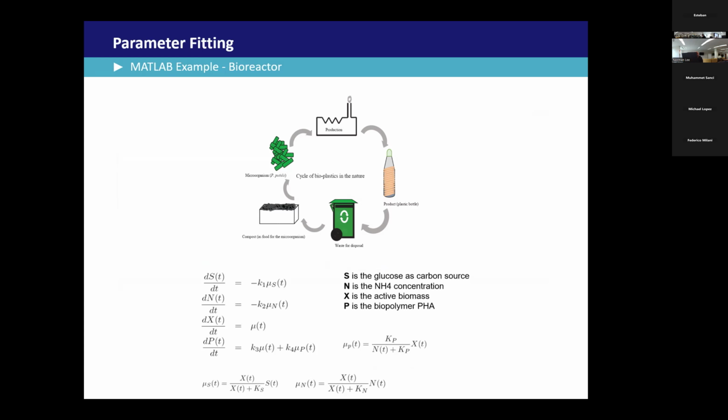If you have a model that is already fine-tuned, then you can try to optimize your process. You can aim to produce more bioplastic, reduce production costs, and so on. But first, you need to have a model that you can somehow believe in. This is the example I will work on after.